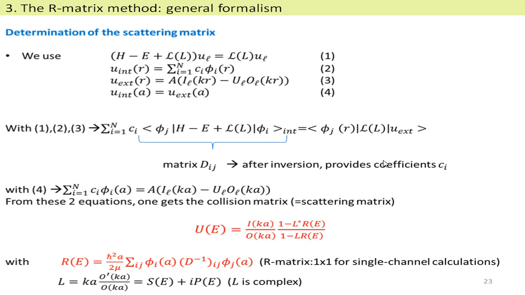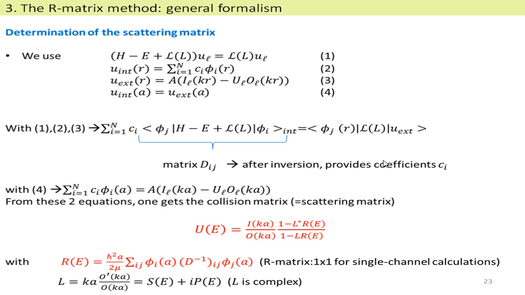And when you use this continuity equation here, then you end up with the scattering matrix U, which is here, and which is expressed as a function of the R matrix. So you can recognize here the inverse of the matrix D. This is what you need to get the coefficients c_i. So this is a very simple calculation. And this R matrix is 1 by 1 for single channel calculation.